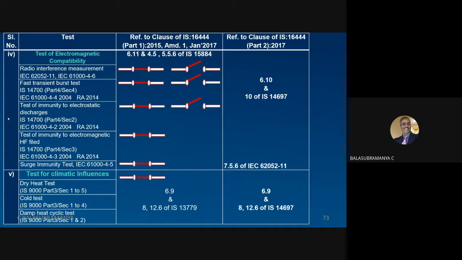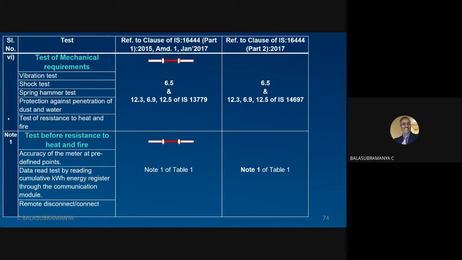And these are the tests for other requirements, like fast transient test, immunity to electromagnetic discharge, immunity to electrostatic discharge. And then surge immunity, dry heat, cold heat, damp heat. All these things are done in different conditions of the switch mechanism.